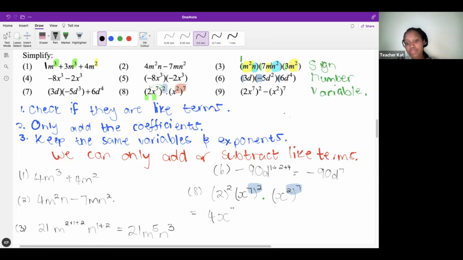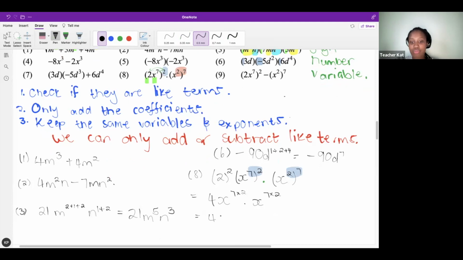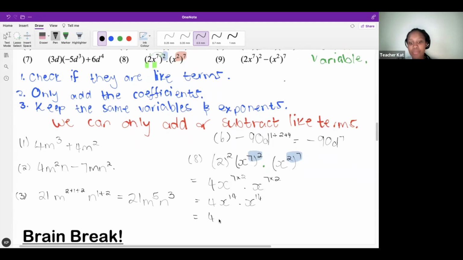So it's x to the power of 7 times 2 and another x to the power of 7 times 2, which is 14. 4x to the power of 14 times x to the power of 14. Now we are still multiplying, so what are we going to do with my exponents of x? We're going to add them. So my final answer will be 4x to the power of 28.